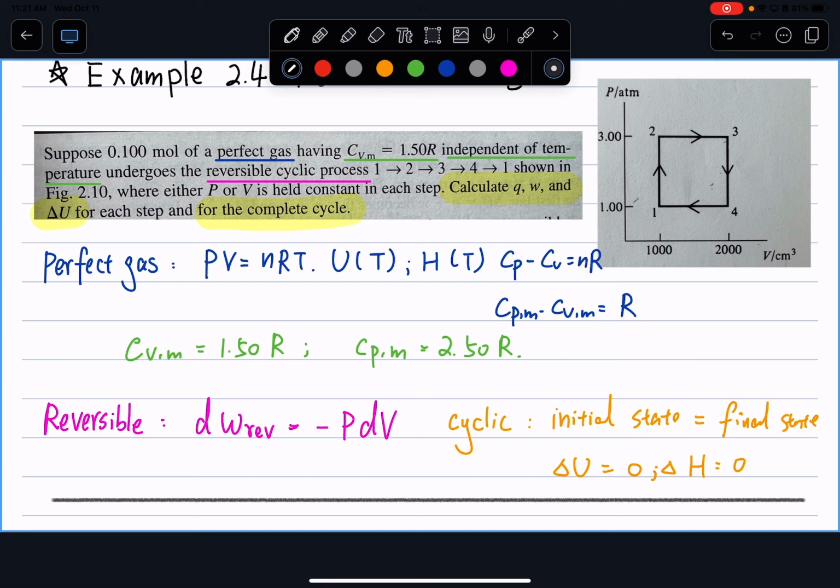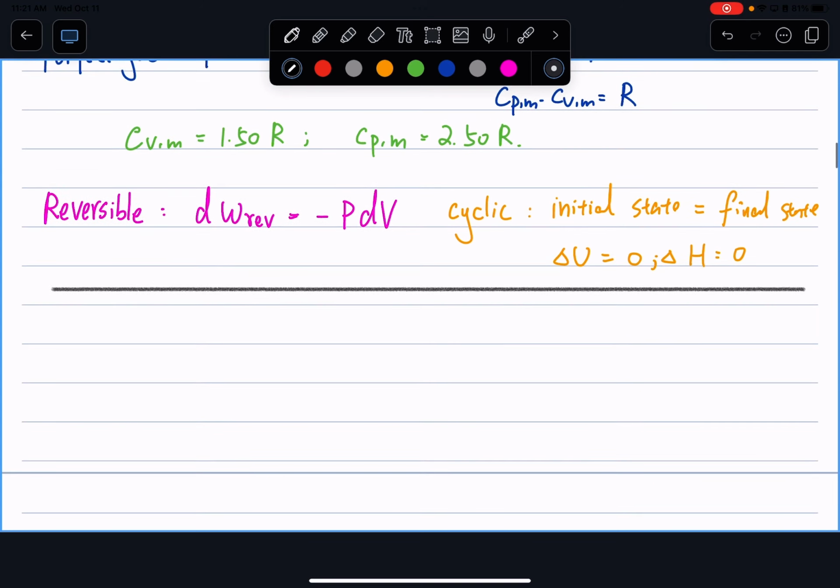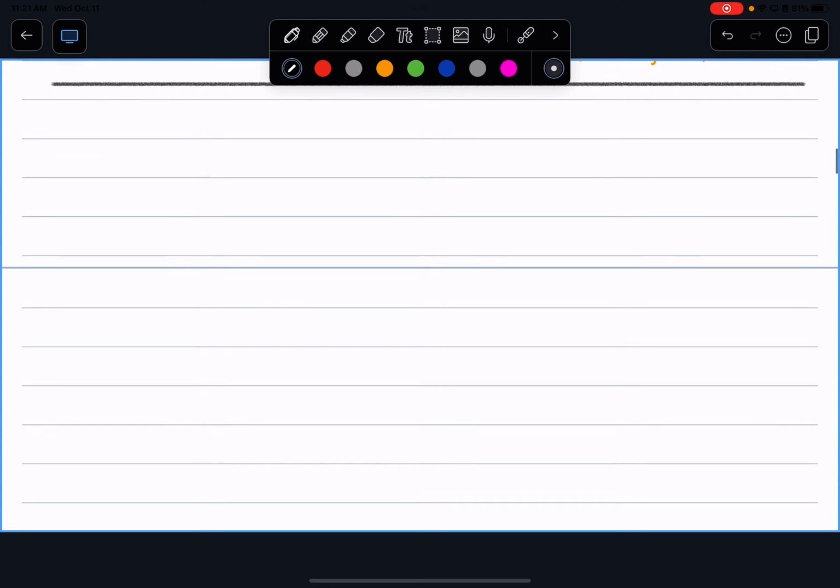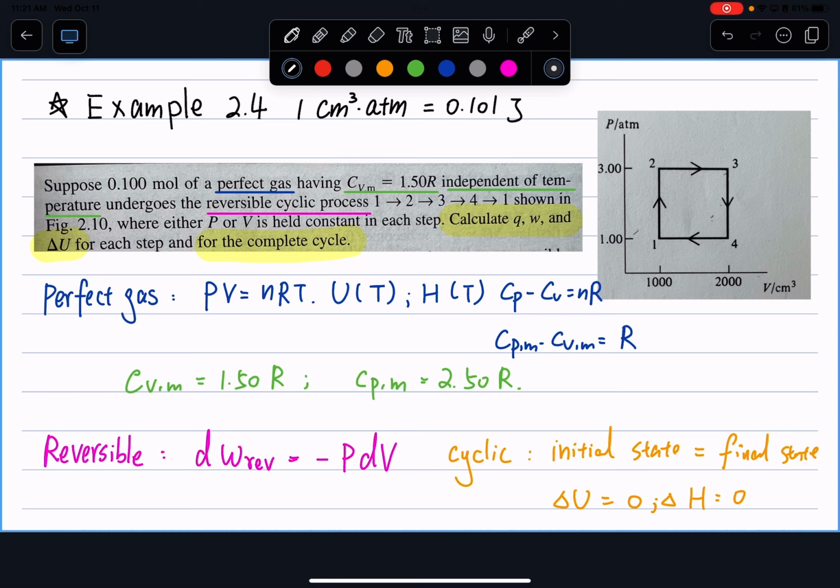All right, so let's get started by looking at each of the steps and also the entire process. Again, what we want to find is the Q, the W, and the change of internal energy. Let me put that cycle on the board. So that's our PV diagram.